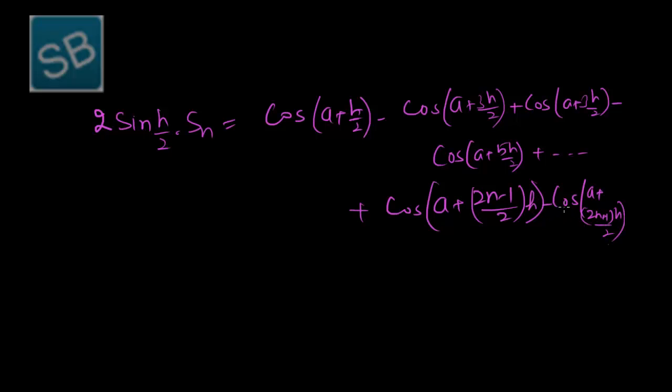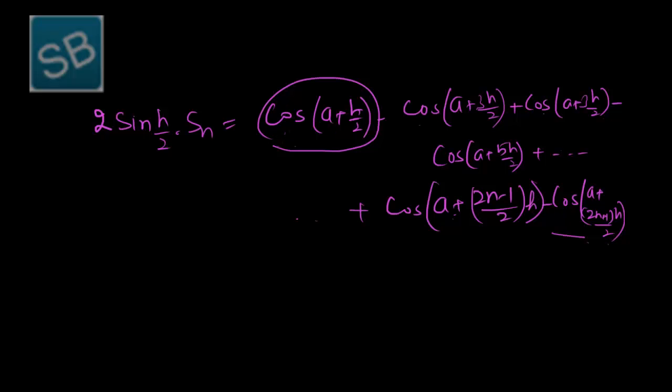So if we see, this term is minus, this is plus, this is minus, next is plus, the same term. So this is plus, and the term before this will be minus with the same term. So we get only this term and this term in the end, because the next term should be positive, which is not in this series, and the term before this should be negative, and there is no term like that.